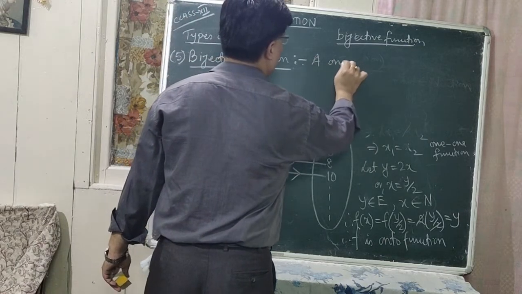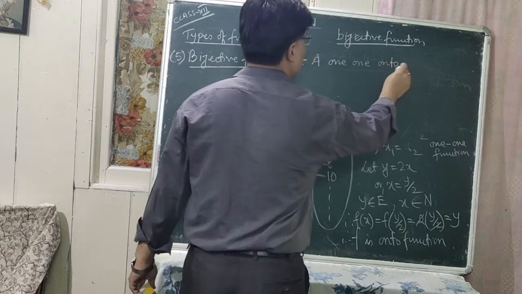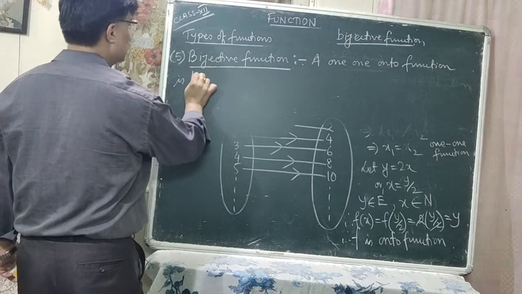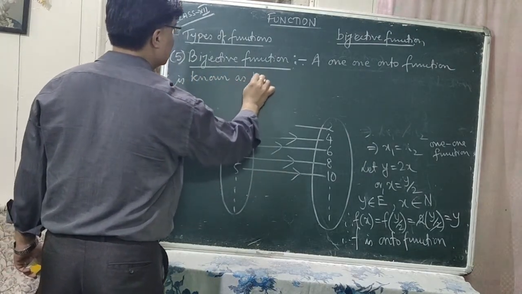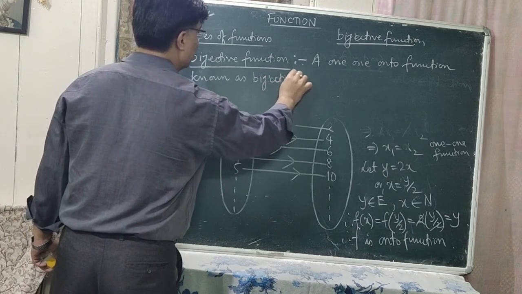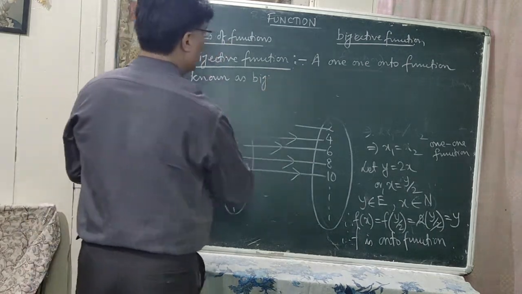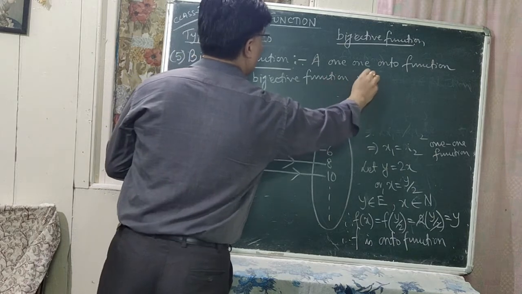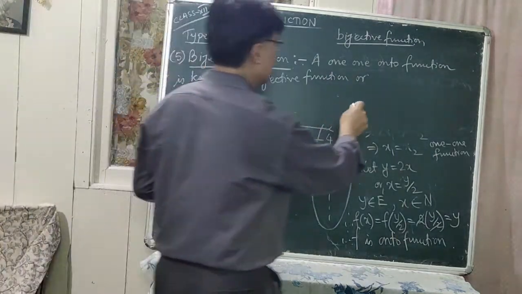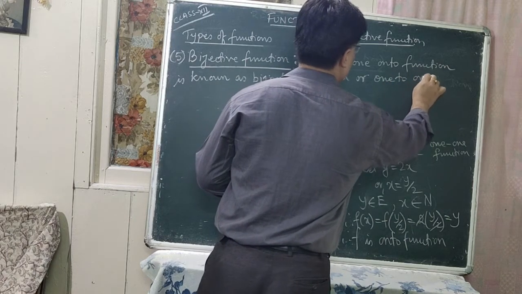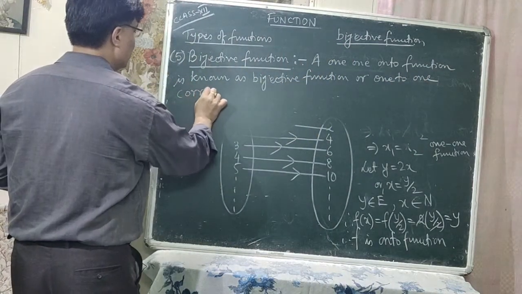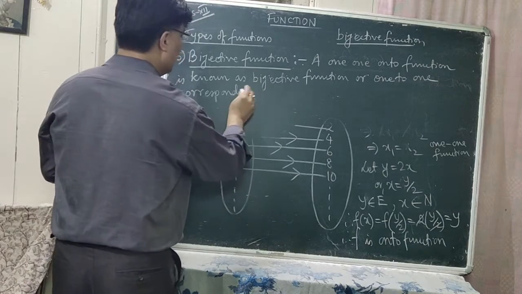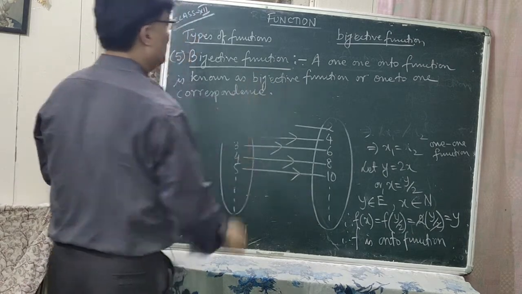A one-one onto function is known as a bijective function, or it is also known as one-to-one correspondence.